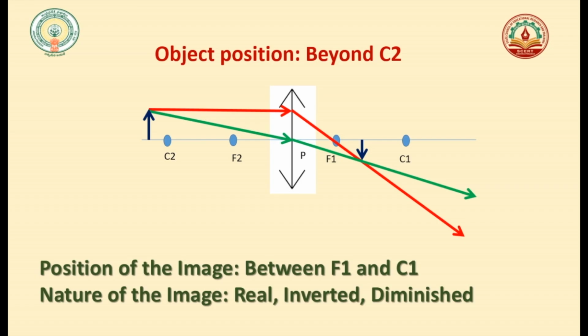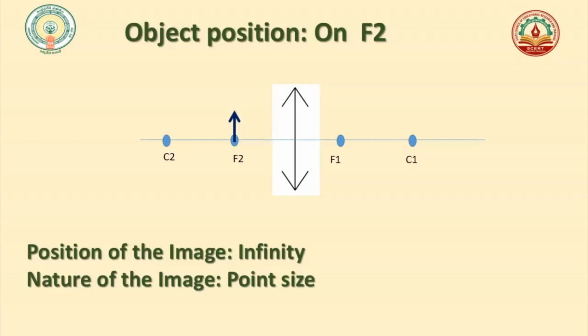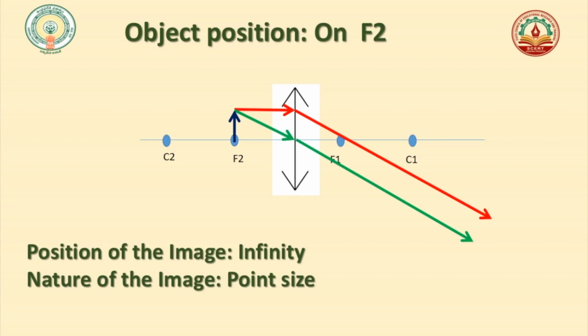It is undeviated. In the previous cases, we observed the real images. The two rays are meeting at a point and a real image is forming. In this present situation, we can observe that the object is kept on F2 and the two rays, parallel to the principal axis passing through focus and through the pole undeviated, are not meeting at a point.